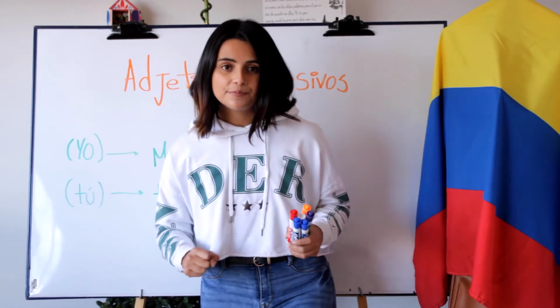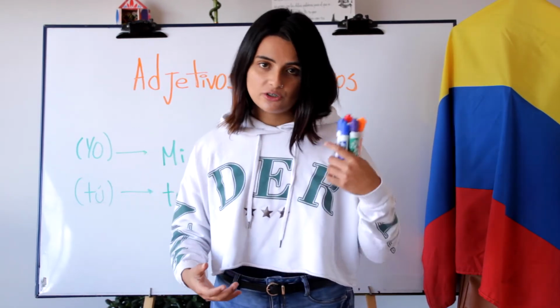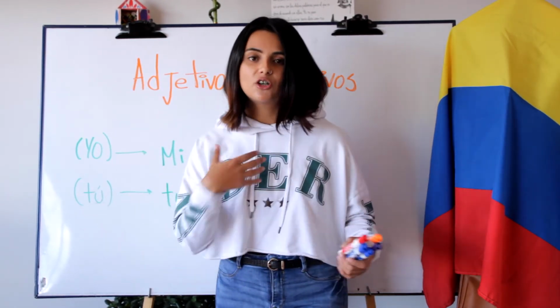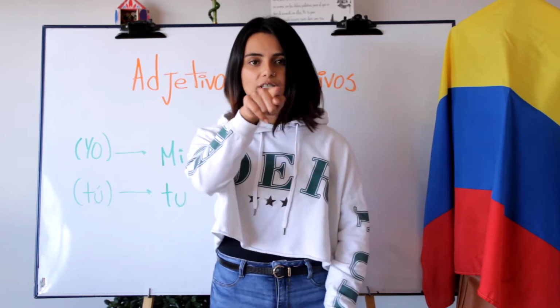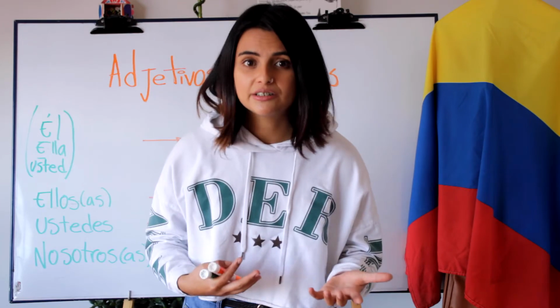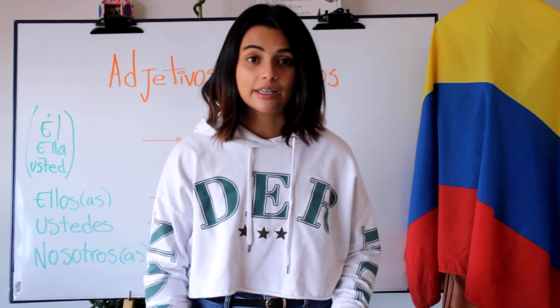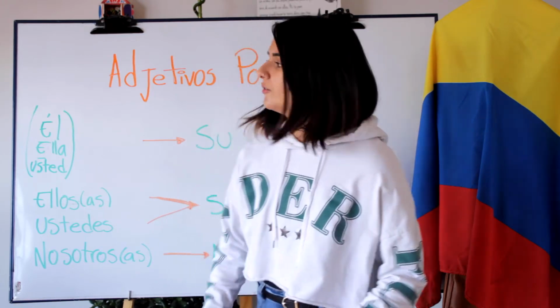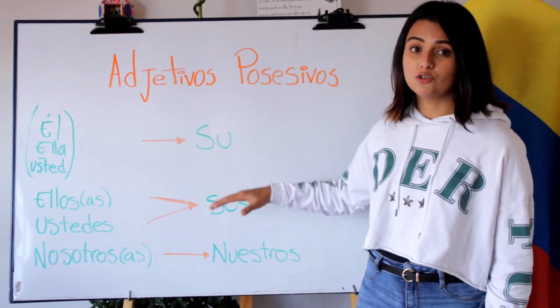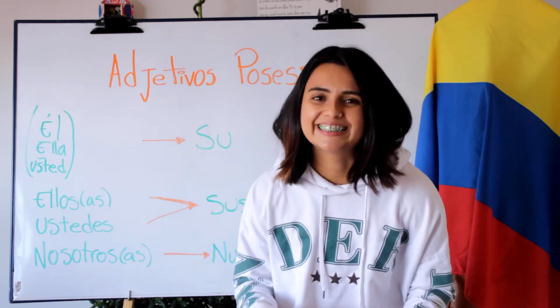To continue, we're going to talk about él, ella, ellos, ellas, nosotros, vosotros, y ustedes. When we're talking about someone else's things or properties or objects or family, we are going to use su or sus, right? But hold on and wait a second.